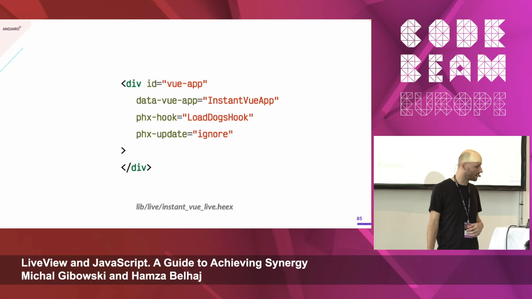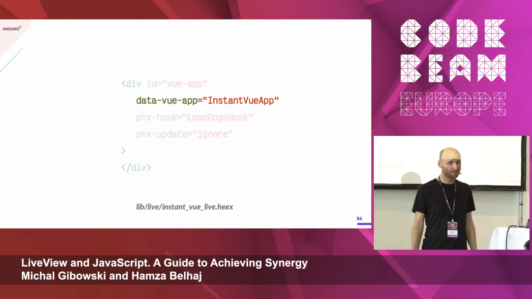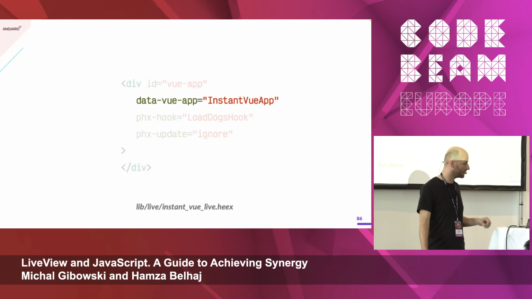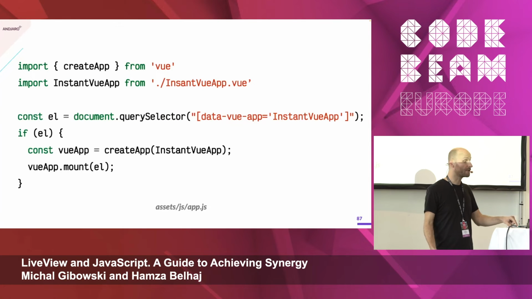So this is our new HEEx template. There is a different value for phx-hook, but the main difference is this new attribute, our own custom attribute, data-vue-app. And this is the fragment of our app.js file.